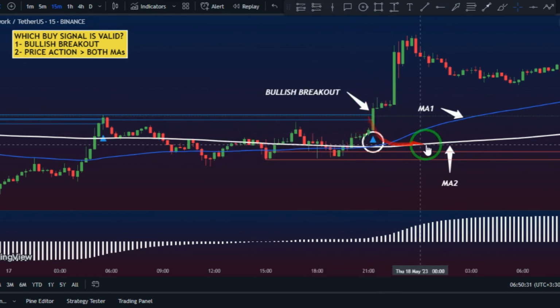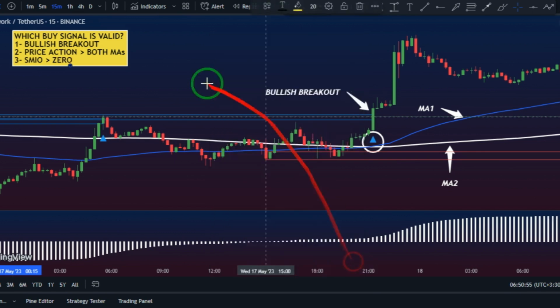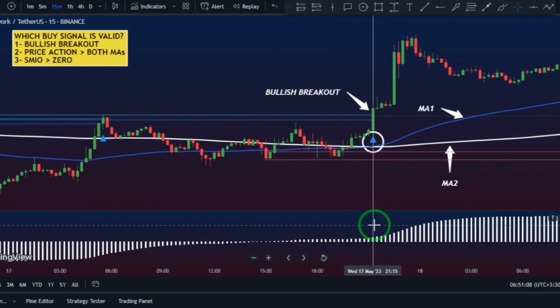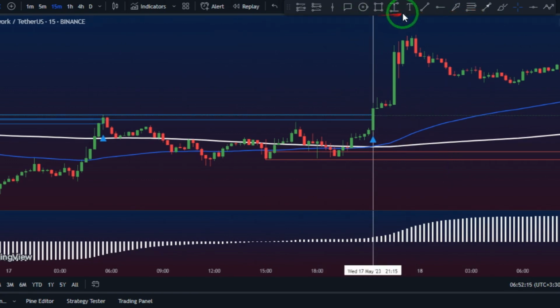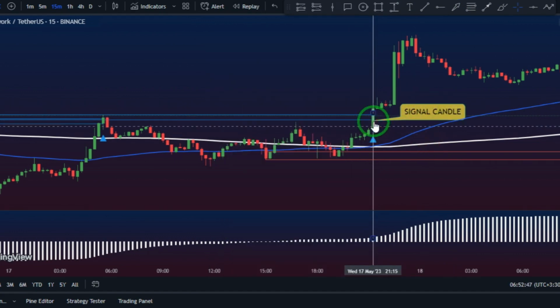Once we verify that, we move on to the next step, which is to confirm the signal using the SMIO indicator. For a buy signal, the histogram of this oscillator must be above 0 to confirm the buy signal. Once we've got a valid signal, we can enter the trade at the close of the candle that generated the signal.